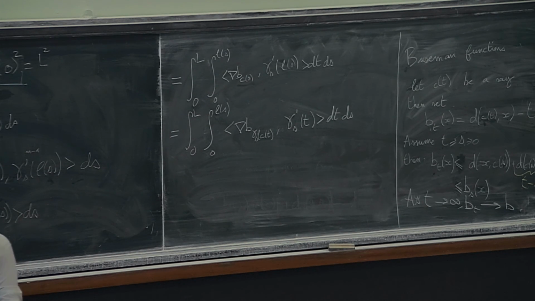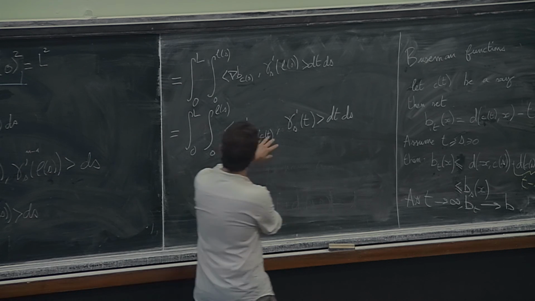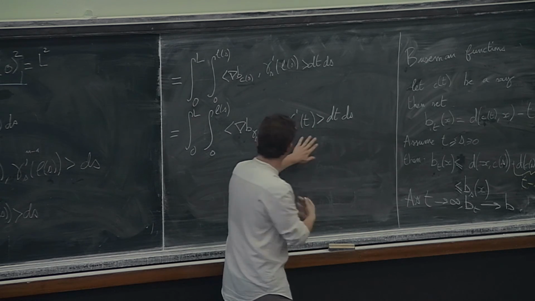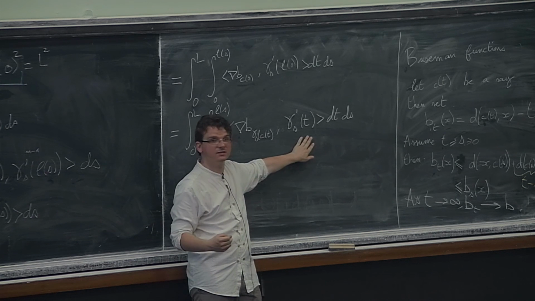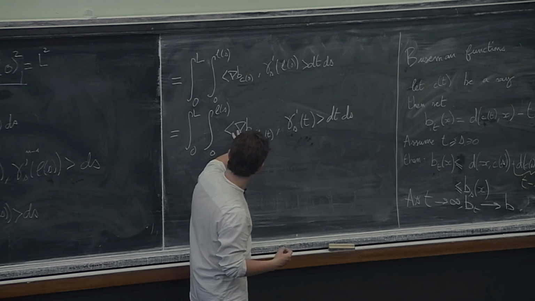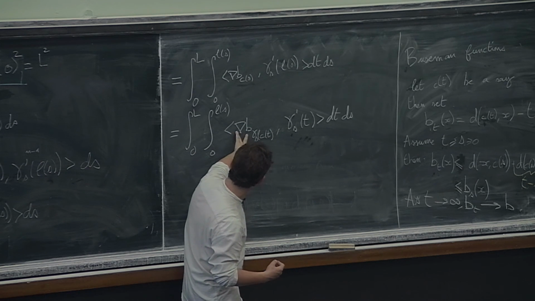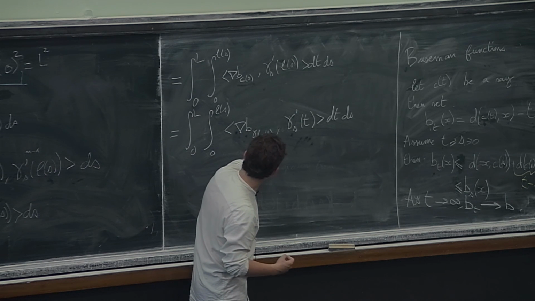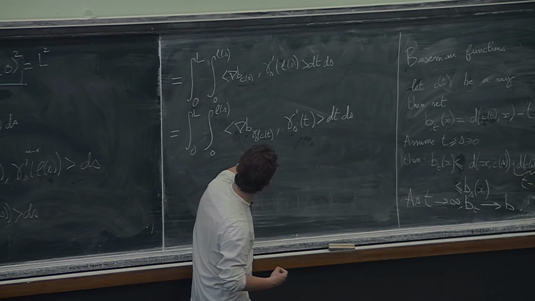That seems strange. But the thing is that when you differentiate that with respect to t, since each of those guys are geodesic, what you will get is something like Hessian of gamma s. So that's gamma s of t, not gamma s of c of t.